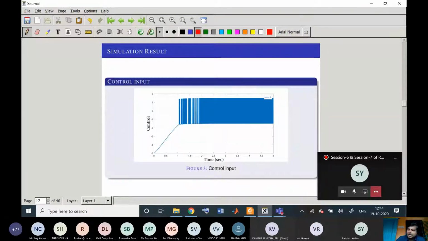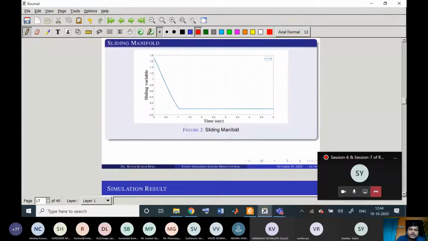Here you can see that almost 1 second is required to reach the sliding surface. This is the reaching phase, and after 1 second the sliding phase starts.